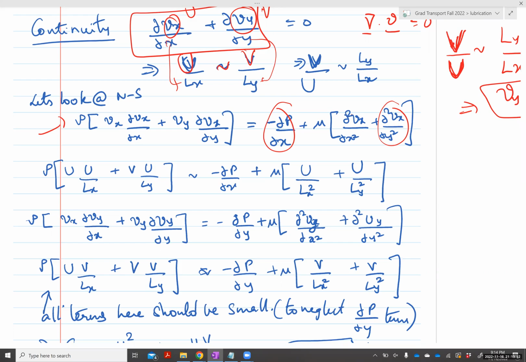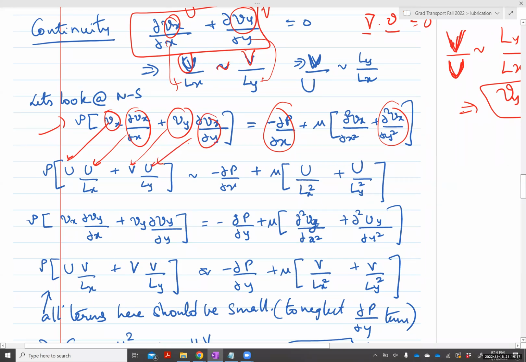But first, before I do that, what I've done here is just an order of magnitude estimate. Vx is U. ∂Vx/∂x is what? U over Lx. Vx has magnitude U, and it occurs over a length Lx. Same thing, Vy is V, and ∂Vx/∂y is U divided by Ly.